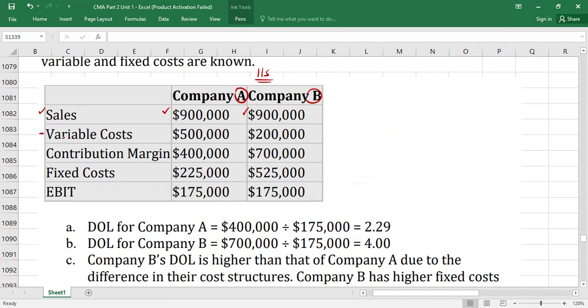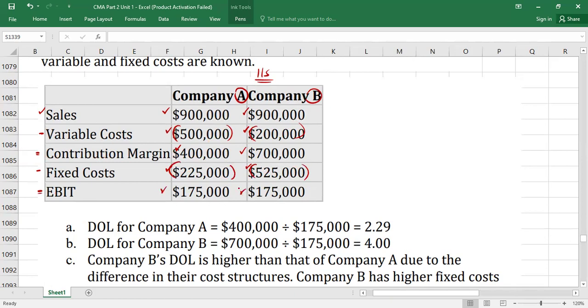Then we deduct variable cost: 500,000 for company A, 200,000 for company B. The contribution margin is 400,000 for company A and 700,000 for company B. Then we have fixed cost, 225,000 and 525,000. Once you deduct fixed cost from the contribution margin, you get earnings before interest and tax.